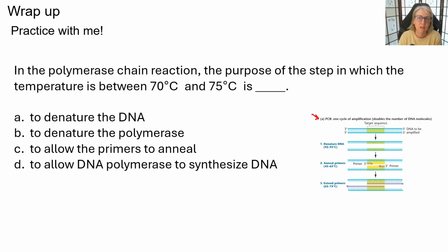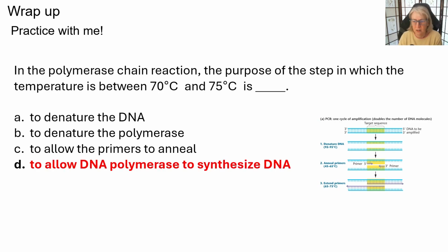These matter. If your temperature is off, it's going to do wonky things. You want to make sure it's actually moving through the correct temperatures to do this procedure. In this case, 70 to 75 is about the optimal temperature for the Taq polymerase that we're using, or you'll use different ones depending on your lab, but this is the optimal temperature.